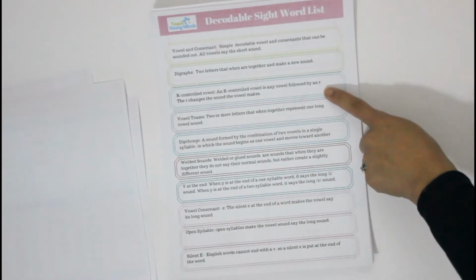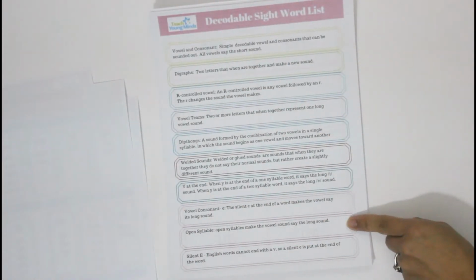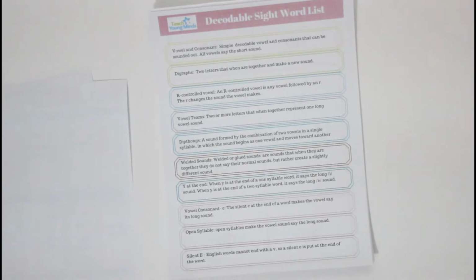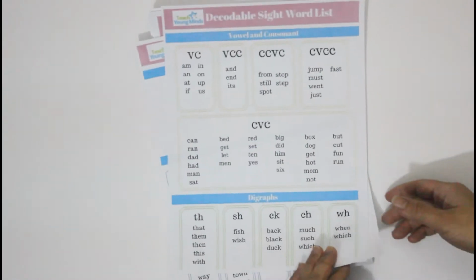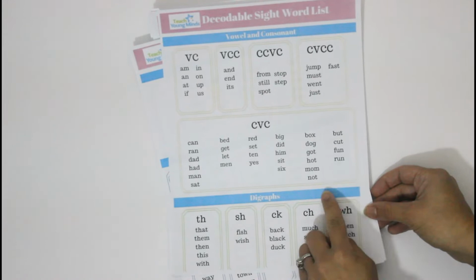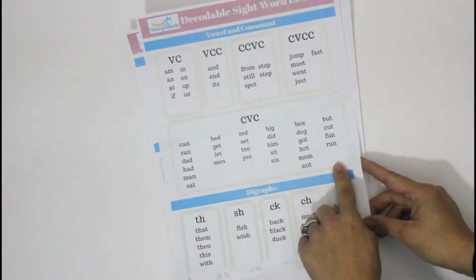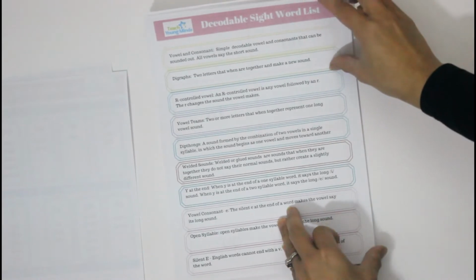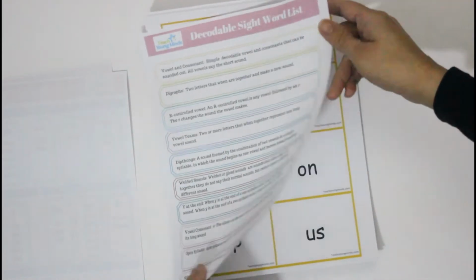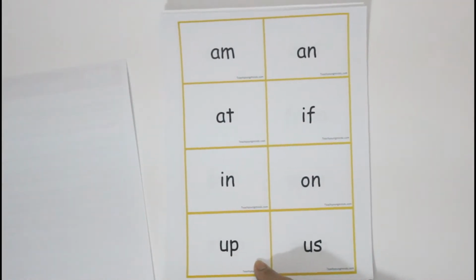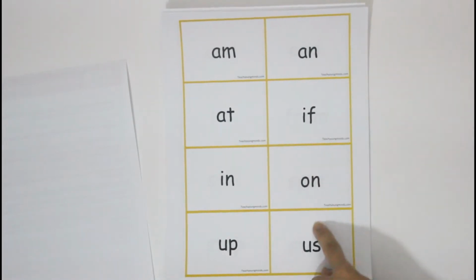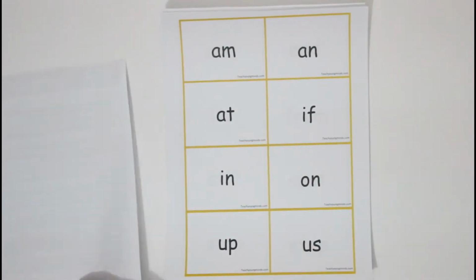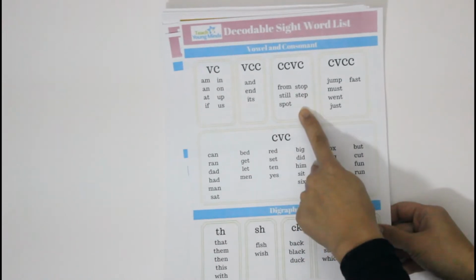I give a brief overview of each one, and they are color coded. So as you can see here, well, hopefully you can see it. This is yellow. So the description here is yellow. And then if you print out the flashcards, all of the yellow boxes pertain to that category.